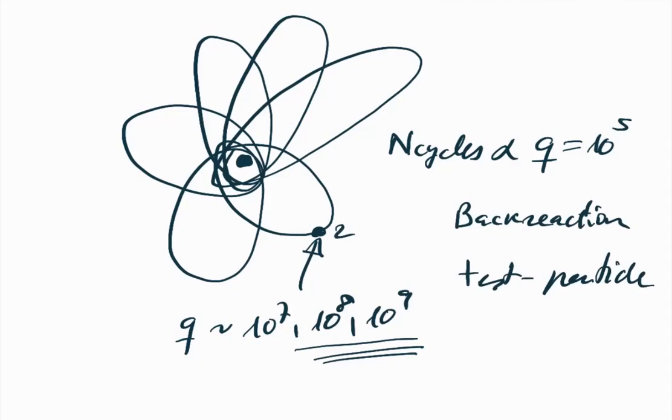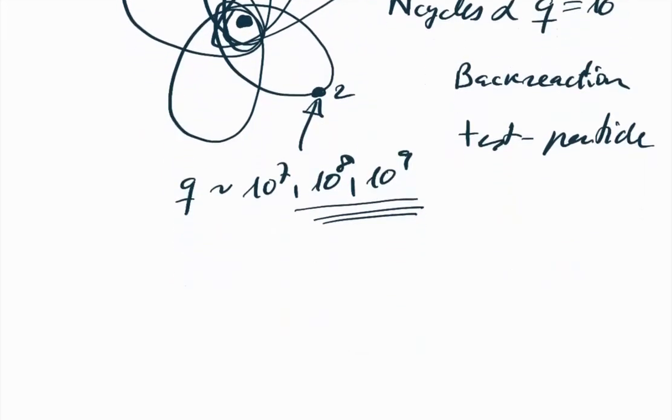So the lighter and lighter it is, the closer and closer we get to the test particle regime, the more and more it resembles a geodesic. And geodesics are nice because they're easy and we're able to solve them, at least in the Schwarzschild case. We can do that. In the Kerr case, well, the history is completely different, but it's going to be easier.